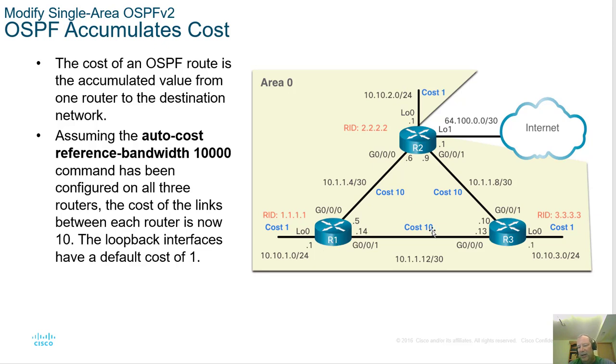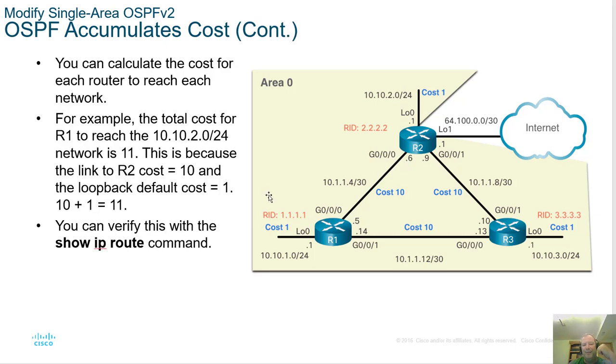Now, if we go the other way, R1 is going to learn that R3 has a path to 10.10.2.0, and its path costs 10 plus 1 is 11. So R3 is going to report 11 plus the 10 that we already know about, and that's going to be 21. Therefore, that will just go into the topology table, and the path through R2 will be the path that we'll use because the metric is lower, and that will go into our routing table at that point. Okay, so that's how you can look at that.